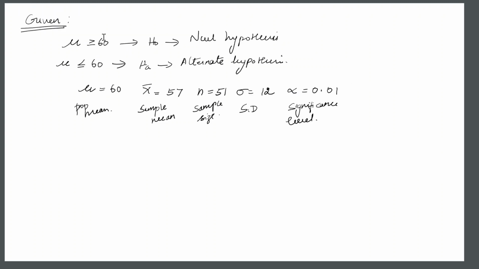If the value is greater than our critical value, based on the significance level, and we are not rejecting, then it will fall under type 2 error.